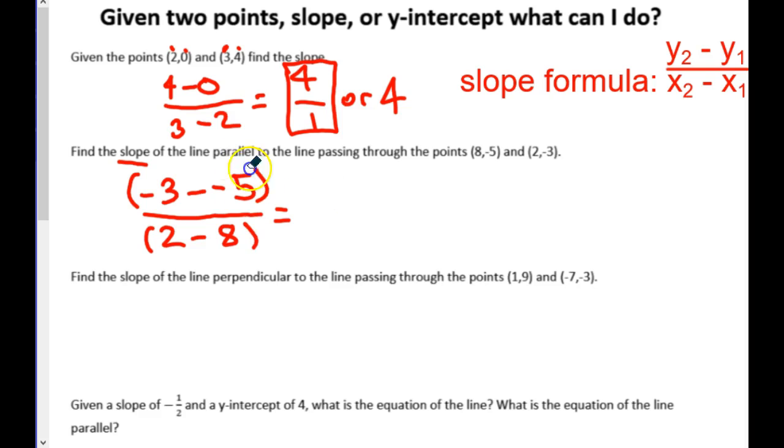All right, -3 minus a -5. That's like -3 plus 5. What do we get? 2 over 2 minus 8 is -6.